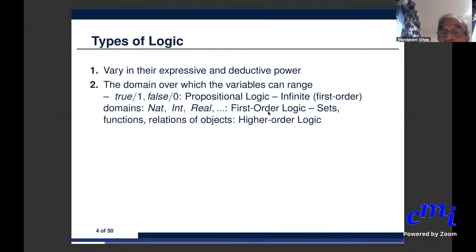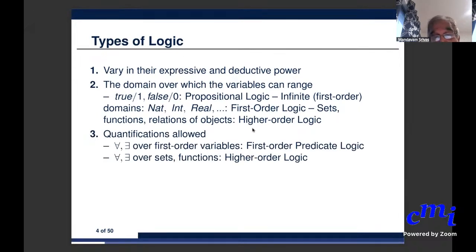Now, from there, you can go to higher order logic, where, beyond first order objects, you allow domains to take functions and relations over first order objects. These are usually referred to as higher order logic.